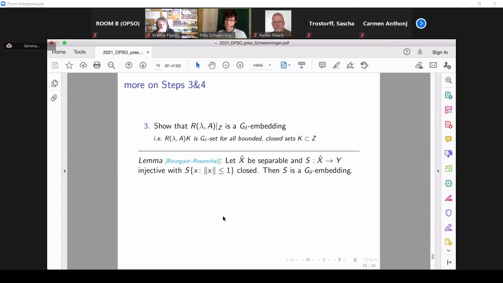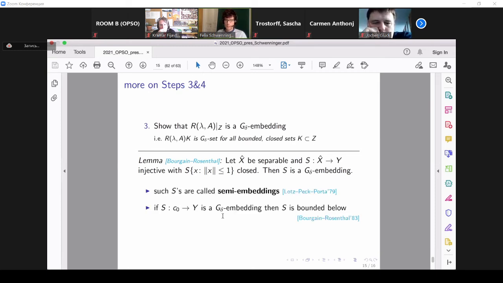Such a mapping is also called a semi-embedding, and it is a G delta embedding by a result of Bourgain-Rosenthal. So what you do now is check these assumptions, and for that you have to go to an equivalent norm of the space, not the usual norm you started with, and you can then show this. Okay, and I think time is over, so I will skip the last detail here.